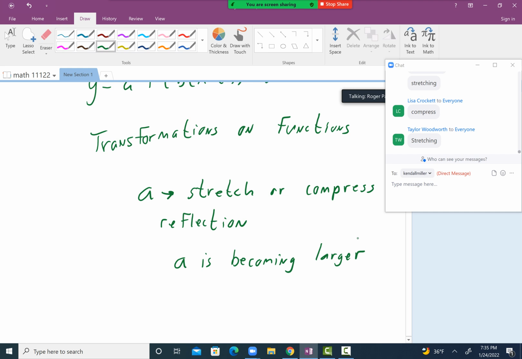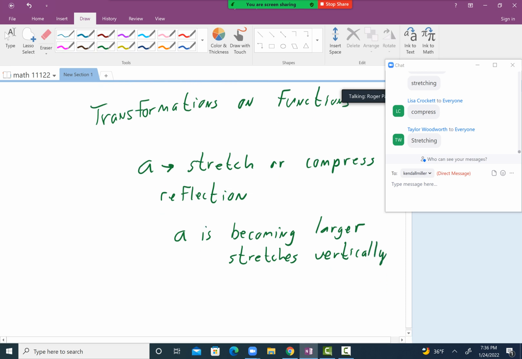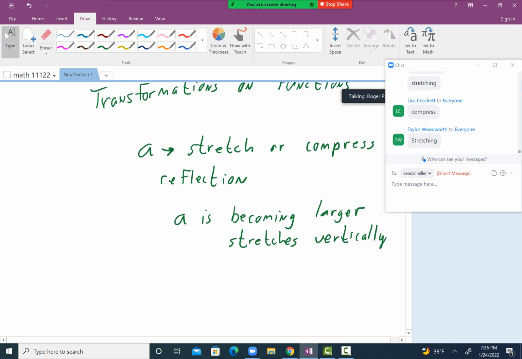It's stretching. If A becomes larger, it stretches it, and as JC said, it's stretching it vertically. So if we were the function and our A became larger, we would become taller. You're stretching it out vertically.